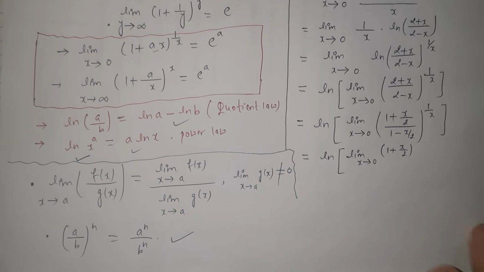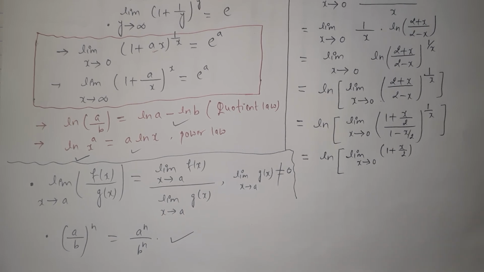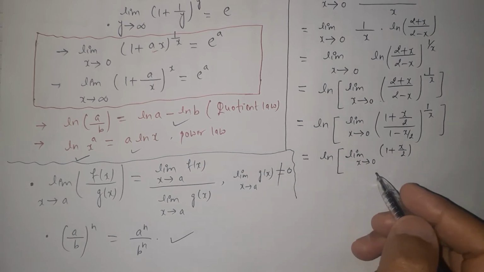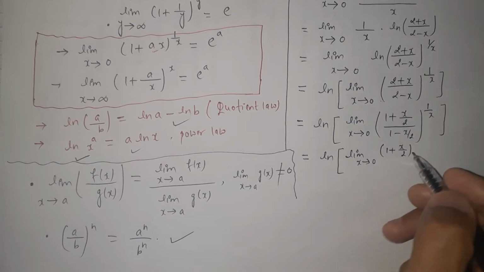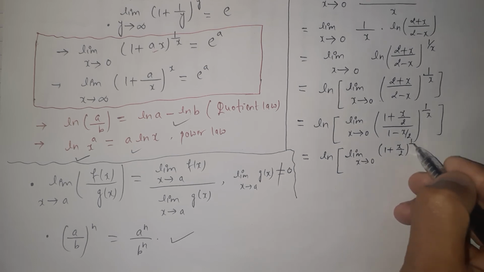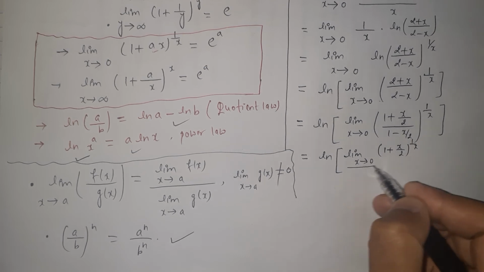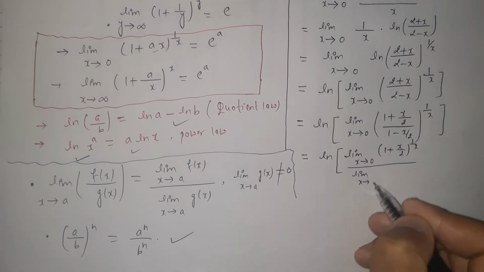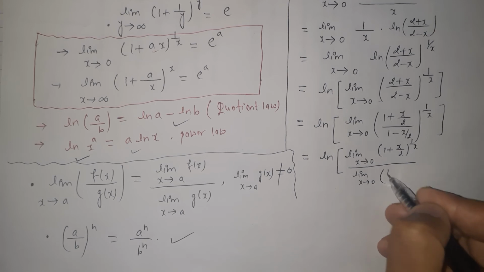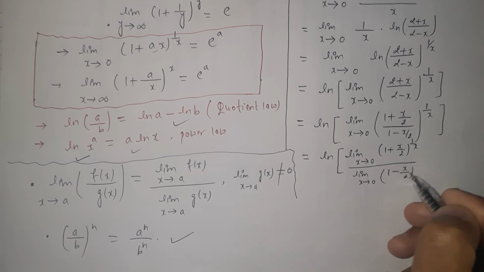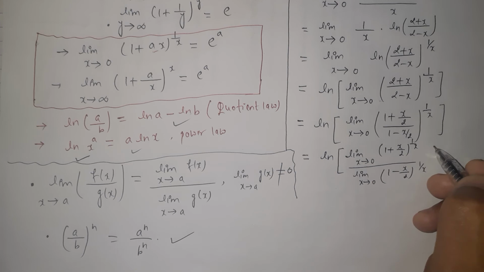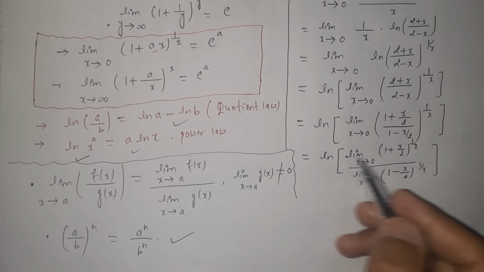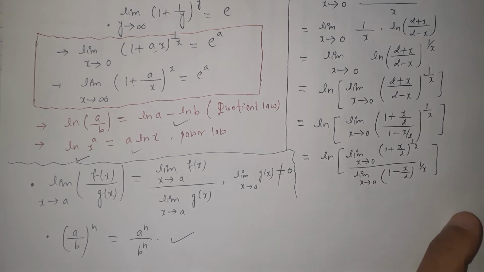We can distribute the power here, and write it in this format, raised to the power 1 over x, and similarly in the denominator we write limit x approaches 0 of the function 1 minus x over 2 to the power 1 over x. Here we just distribute the power and distribute the limit on the quotient form.